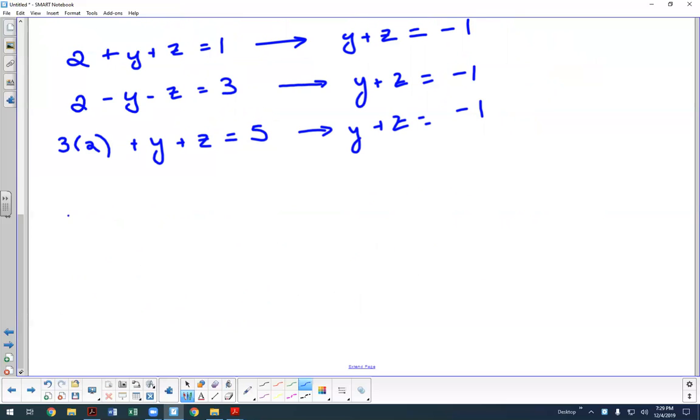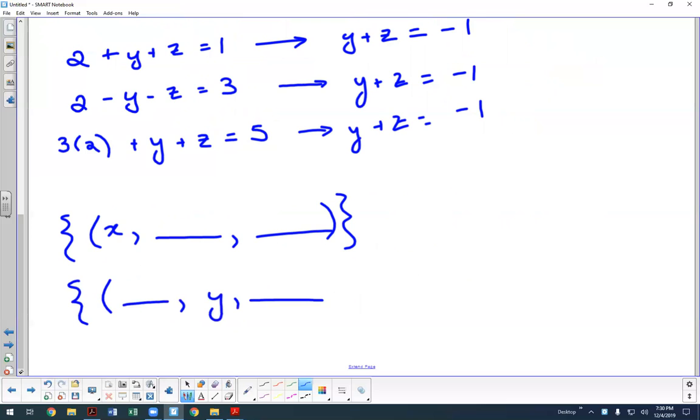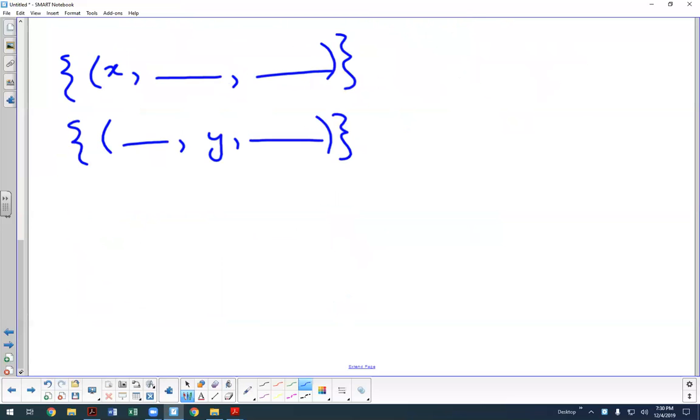Sometimes it will ask you to write the answer in terms of x, and then it gives you blanks for the other 2. Sometimes it will ask you to write it in terms of y, and same thing with z. So you actually have to see for which variable they're asking us to write this. For this problem, I will show you how we write the solution set.